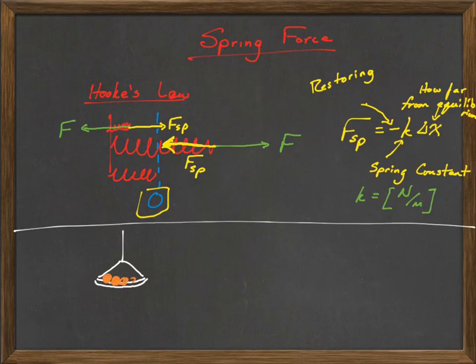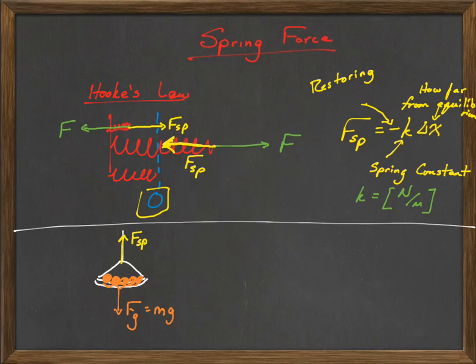So a bunch of objects sit in the spring. And as a result, each of these objects exerts a gravitational force downward. So collectively, let's just say it's one gravitational force, which is equal to mass times gravity. And as it pulls this thing downward, the spring tries to restore it back.